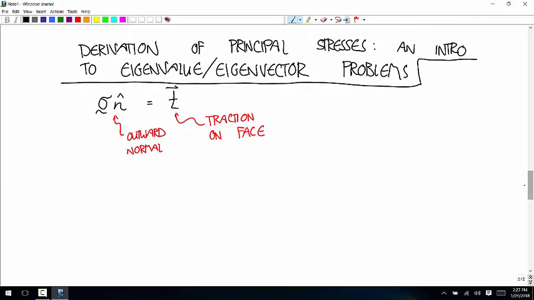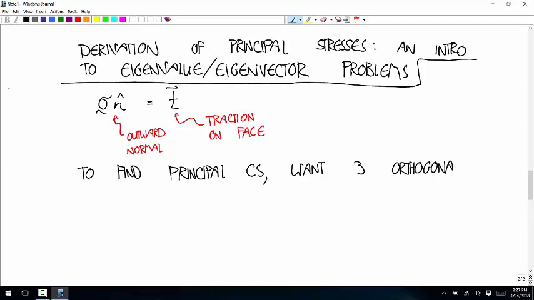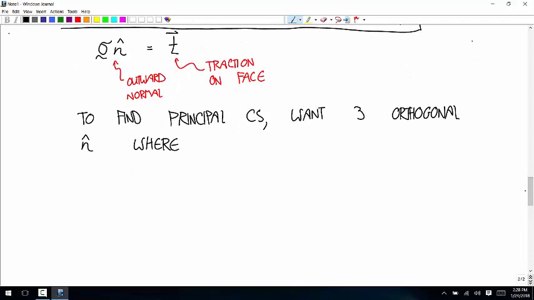Okay, so to find the principal coordinate system, we want three orthogonal unit vectors n where the traction vector is parallel to n.